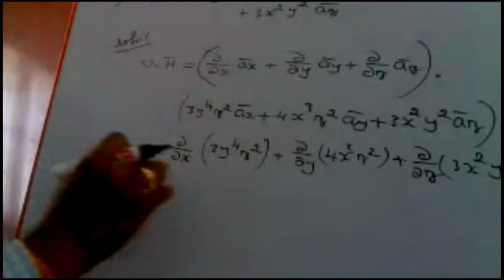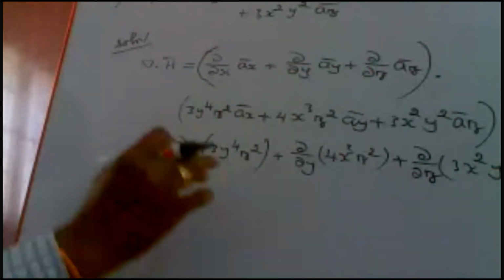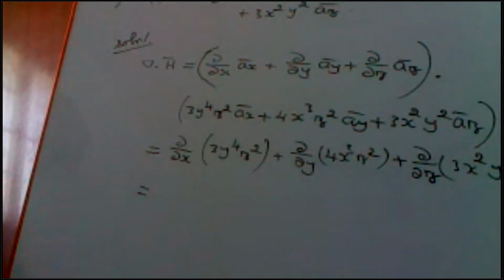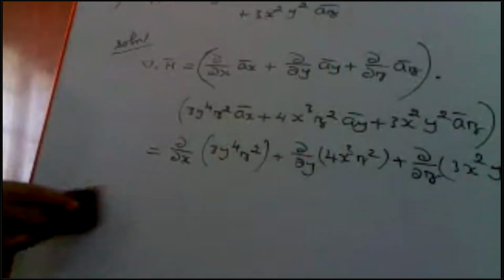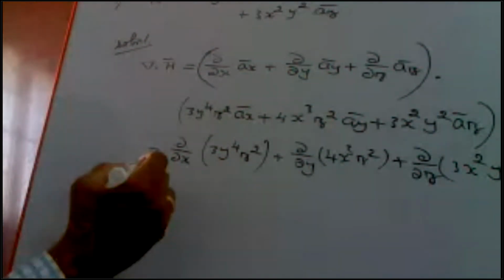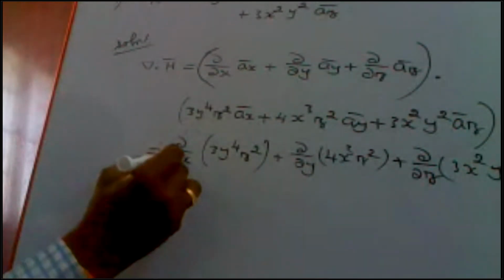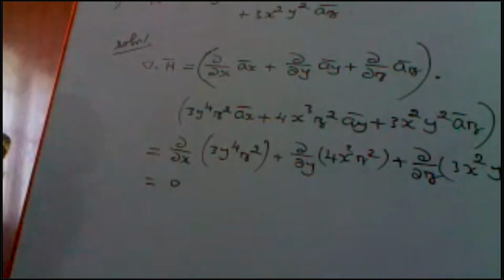Now, can anyone tell the answer? What is the first term? ∂/∂x of this term. What is the answer? 0. It is 0. The x term is not available here. With respect to x, if I differentiate, this becomes 0. What about the second term?